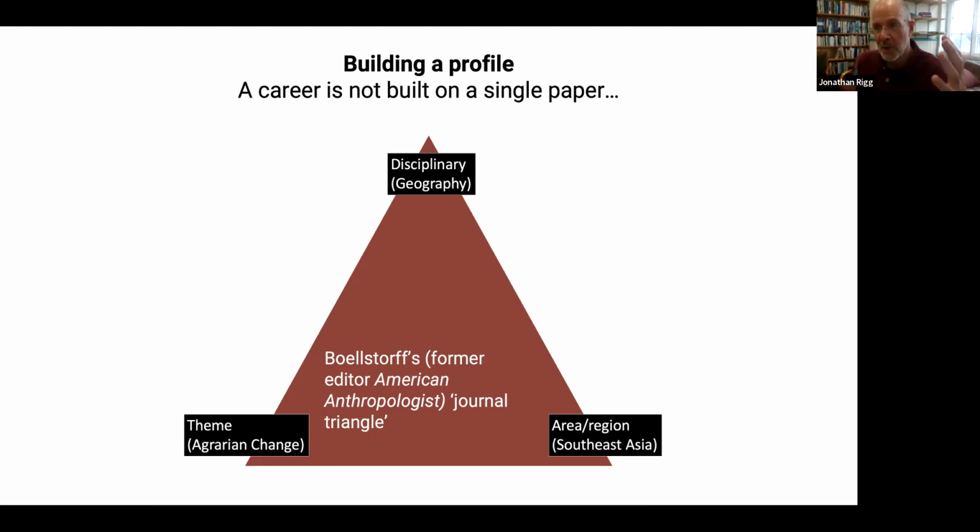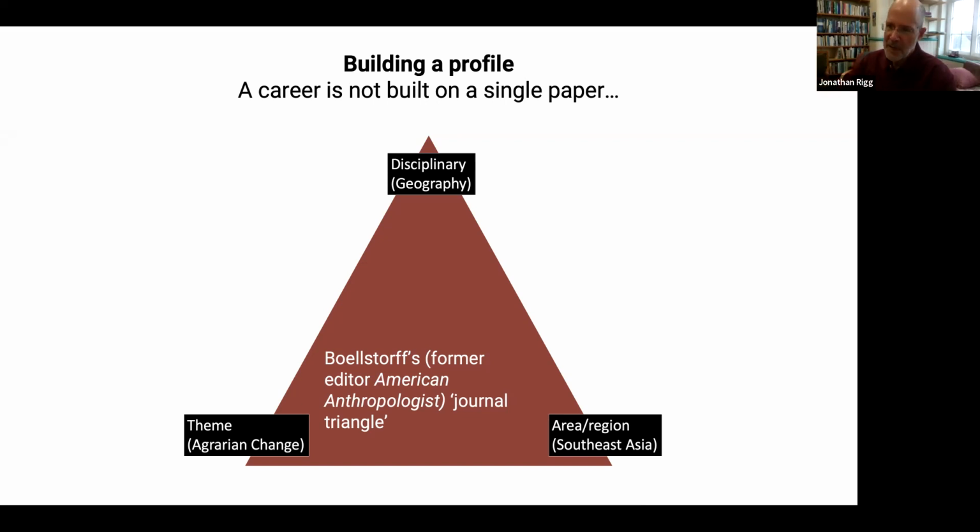Then I have my area or region, Southeast Asia. I do a little bit of work on South Asia, but I think I'm mostly known as a Southeast Asianist. So I publish in journals like, in fact, one that Hyun mentioned, Critical Asian Studies, Journal of Southeast Asian Studies, Asia Pacific Viewpoint. These are regional journals which are read by specialists on the region. And that's, if you like, another audience that I try to talk to.